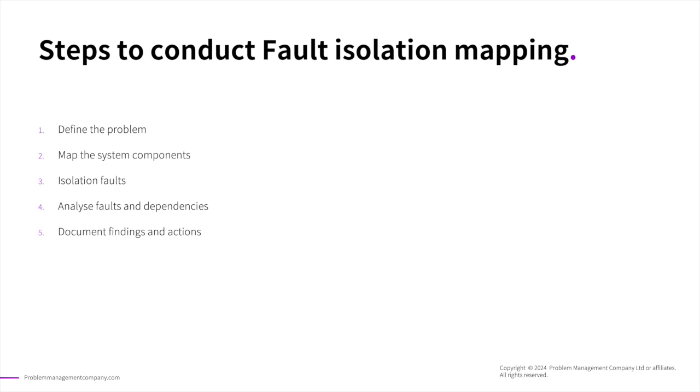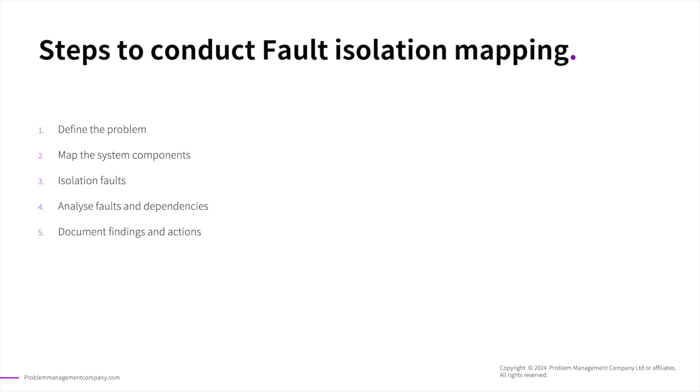Swap testing. Replace or bypass components to see if the fault is resolved. Elimination. Remove components or functions one by one to identify the faulty element. And then monitor the results. Record the outcomes of each test to narrow down the potential sources of the fault.